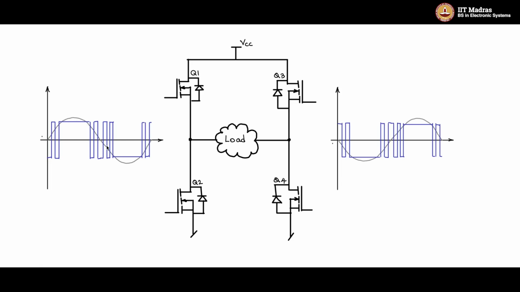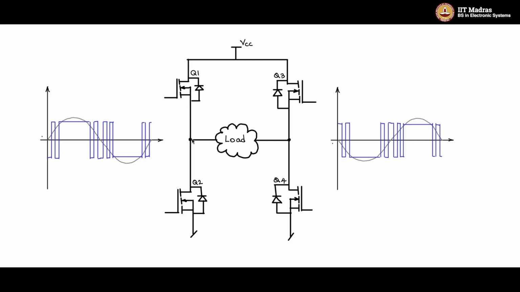Whatever the sine signal, I will pass it through an inverter and use the inverted sine to compare with that same carrier, and I will get a pattern something like this. Now if I subtract this minus this, you will get a fundamental which is a pure sine wave of double the amplitude.